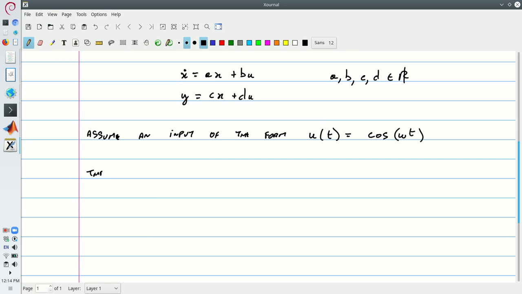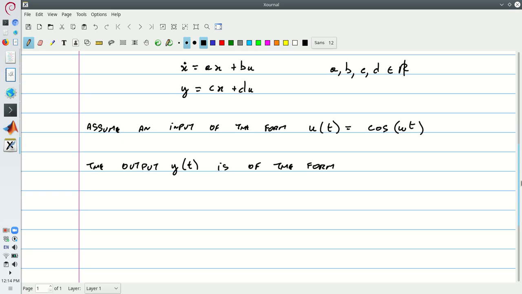So assume an input of this form, so now we can compute y of t. The output y of t is of the form. And now we can apply our formula, the variation of constants, to x, and then to y, or we can apply it directly to y.